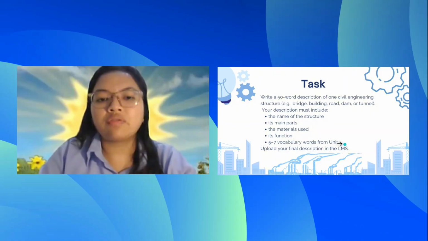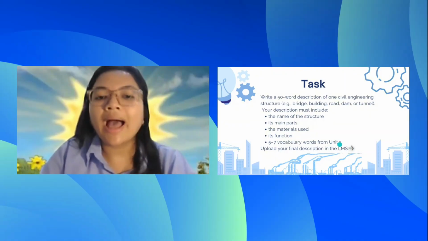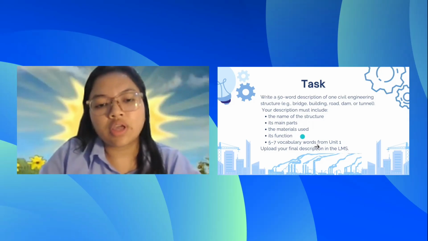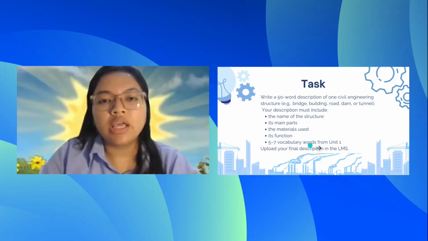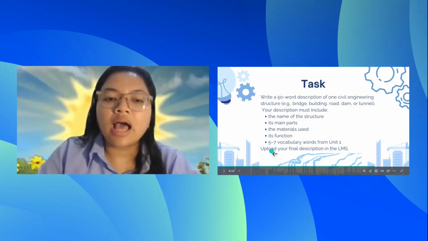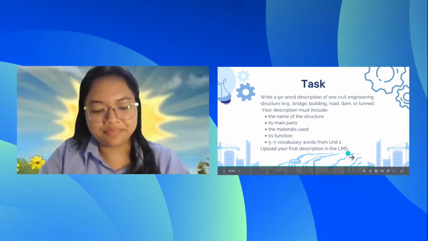Remember, we have learned this in Unit 1. I give you a list of vocabulary, so if you forgot about that, you can check in the LMS. And next, upload your final description in the LMS.